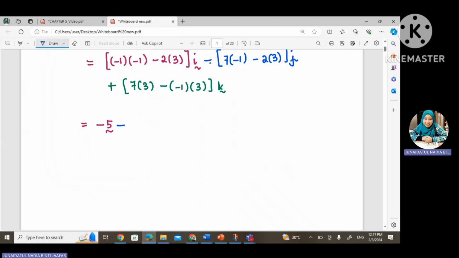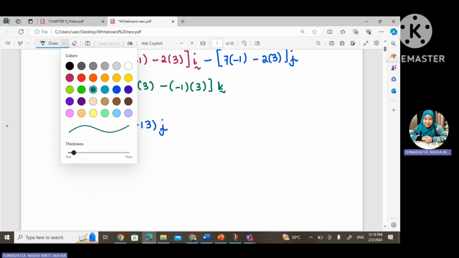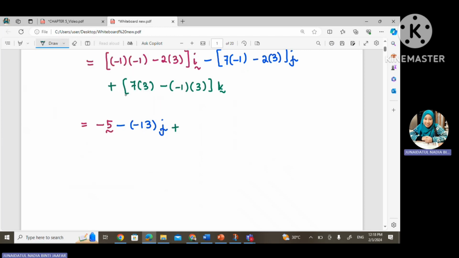Minus 7 times negative 1 minus 2 times 3 equals negative 13 j, and then plus 7 times 3 minus negative 1 times 3 equals 24k.